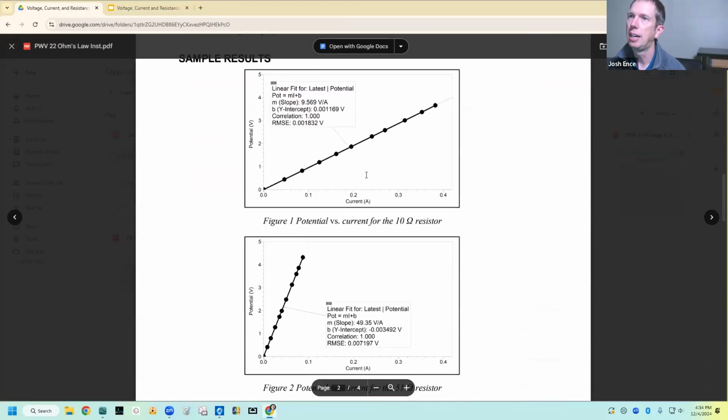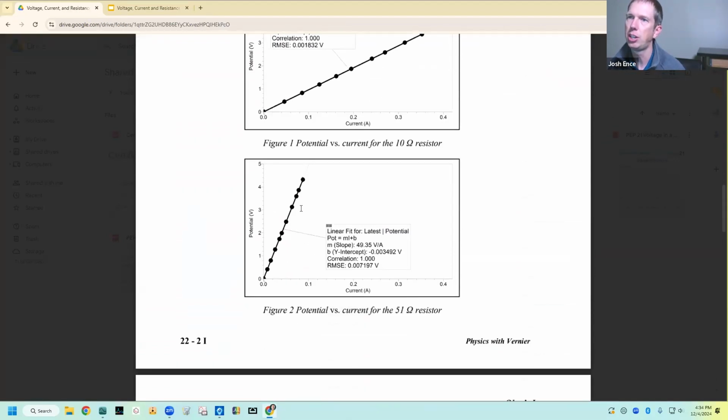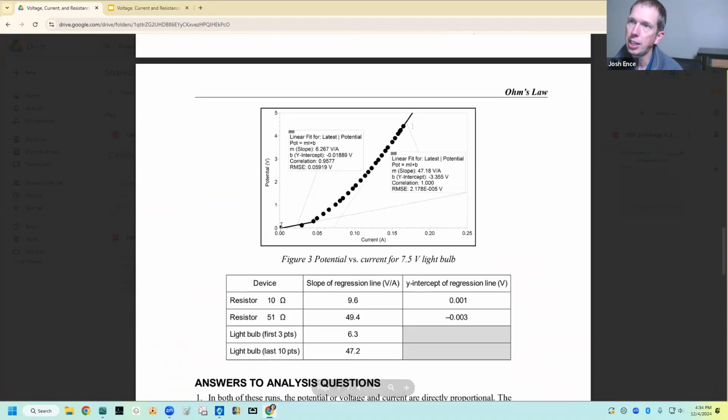Here's our 10 ohm one, our 50 ohm one, much higher, greater slope. For a light bulb, you find that at the beginning the potential is pretty low for the voltage, and then as it increases, rather than being a straight line, it works almost into a parabola. That's really interesting, especially if this is the students' second year of physics, to move beyond just your simple Ohm's law relationship.